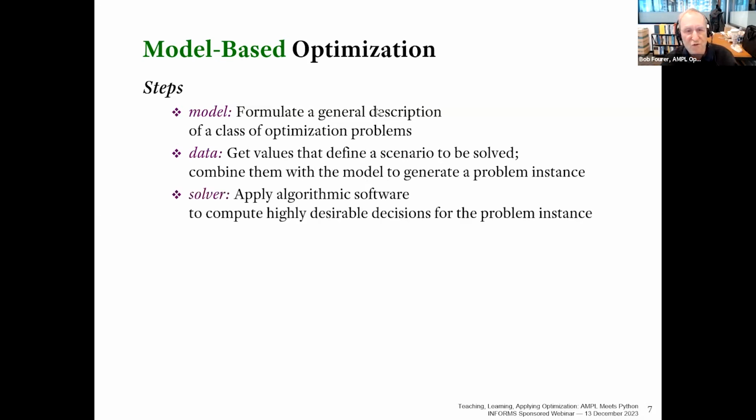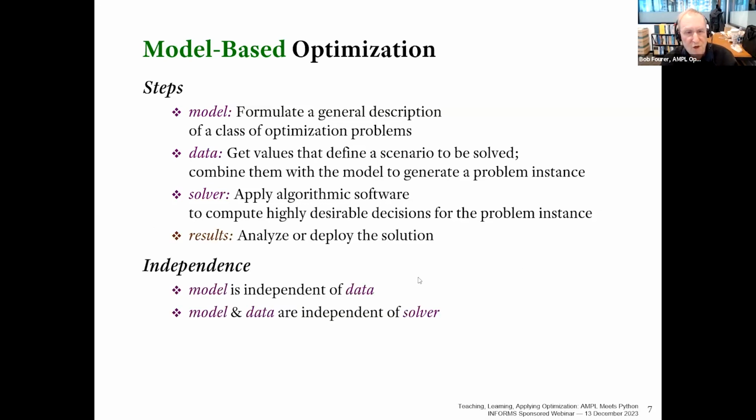Once you've got these together and you have a problem instance, you send it to a solver. The solver is the one that actually applies the algorithms and computes the results, and returns you some highly desirable decision, which hopefully is close to optimal in some sense. Then you can deploy the results. So the key thing here is that the model, data, and solvers are independent. Writing the model does not involve putting in the data.